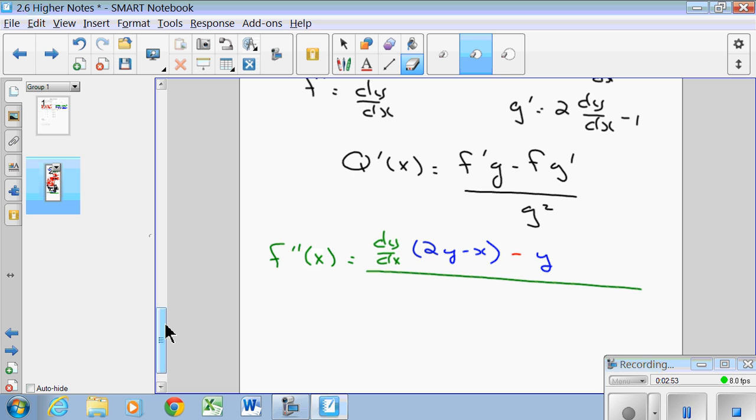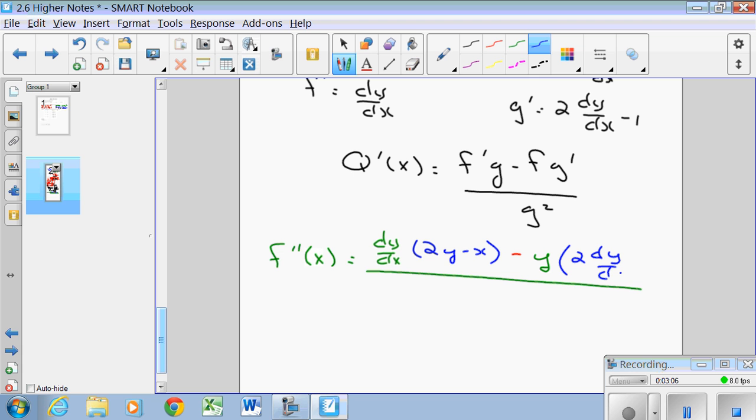Let's try to be consistent with our colors. Let's go green, let's go y. And then our g prime is 2 dy/dx minus 1. And our denominator is going to be 2y minus x squared.